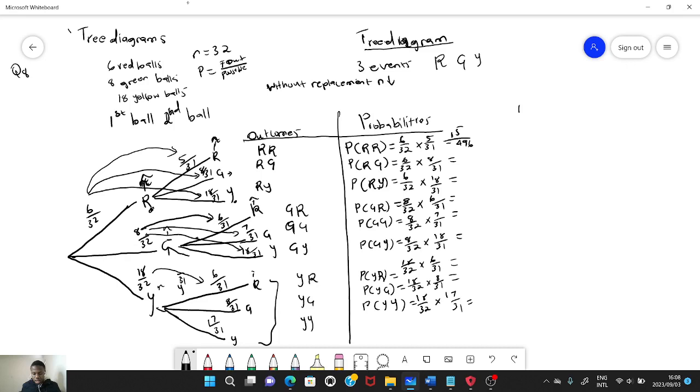That is the probability of choosing a green ball first and then green again. And then the probability of choosing a yellow ball first and the second remaining yellow is 153 over 496.